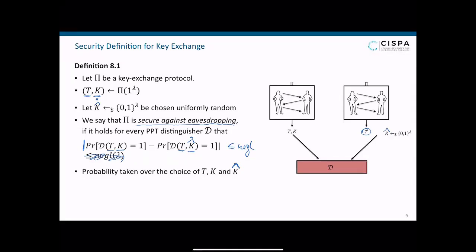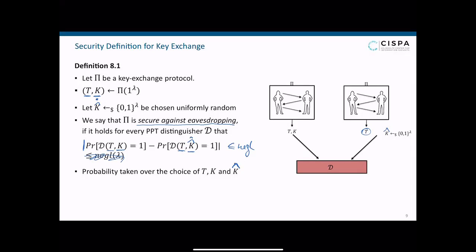So if I give you that T, that transcript, it still doesn't help you to distinguish real keys K from, let's say, fantasy keys K hat that are never used. This is precisely the right interpretation of this.